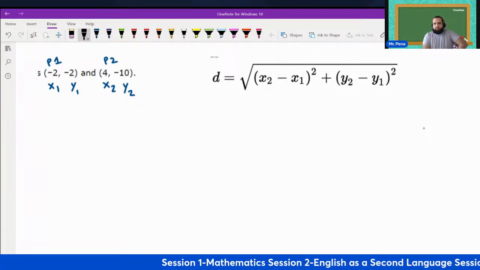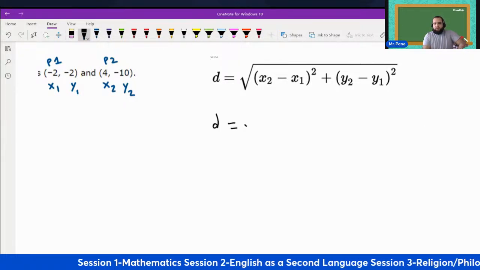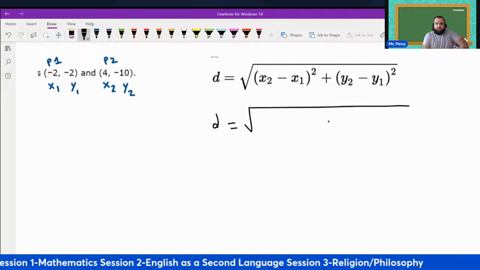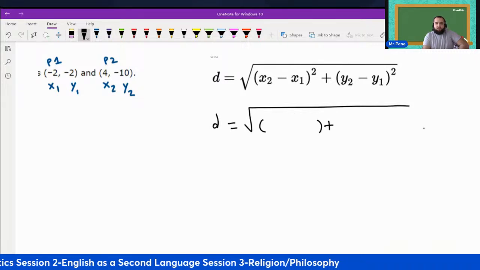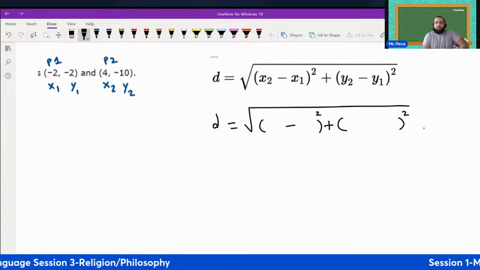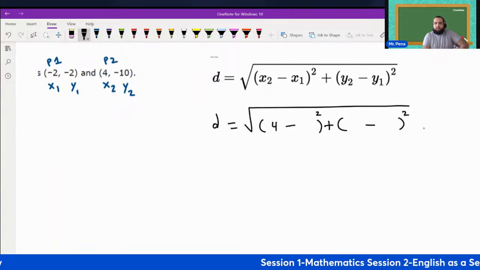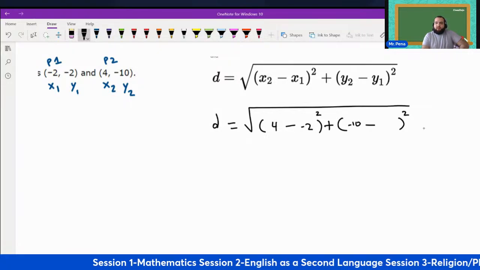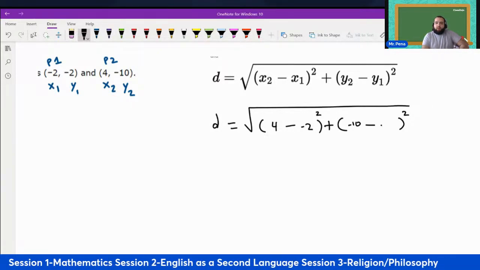So, distance equals square root of these 2 numbers and these 2 numbers. And so we're going to subtract. x2 is 4, x1 is -2. y2 is -10, y1 is -2.